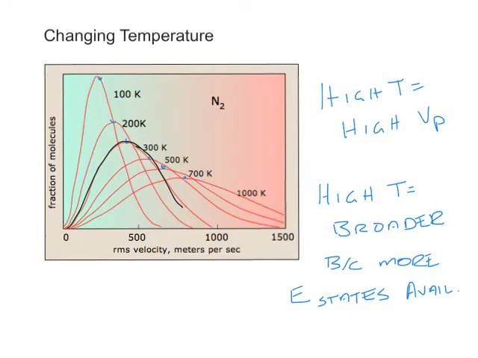So on this kind of question, what you'd look for is, if I asked you for a higher temperature one, you would need to make sure that you accomplish two things: that the peak of the graph is at a higher speed, and that you select one that is more broad. A really good distractor would be to put the same shape, but just shift it equally over to the right.